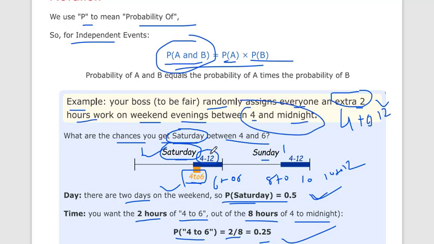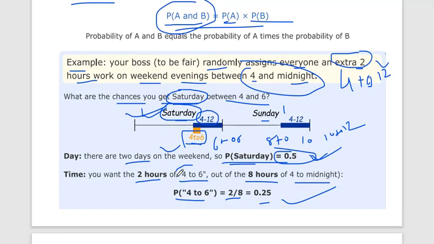First you have to choose Saturday or Sunday, so that's 0.5. Then on Saturday there are 4 slots: 4 to 6, 6 to 8, 8 to 10 and 10 to 12. Getting the 2 hours of 4 to 6 out of 8 hours is 2 by 8, or 1 slot out of 4, so 1 by 4, the same as 0.25.